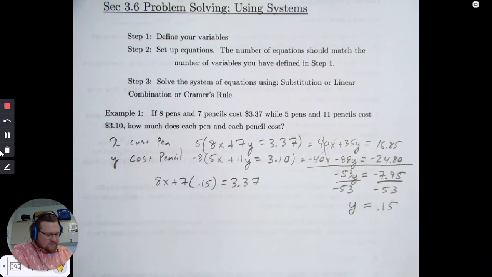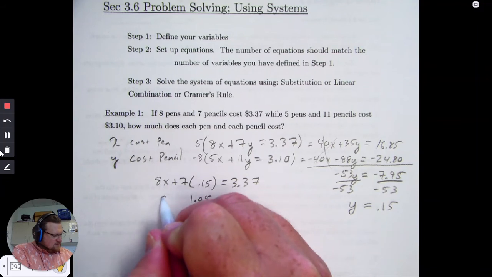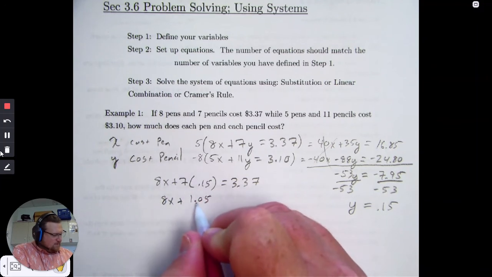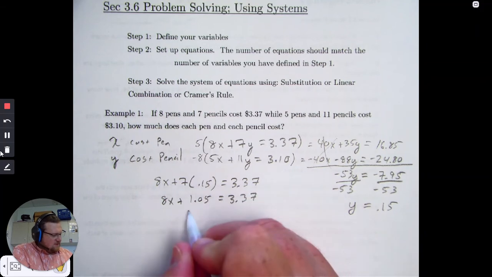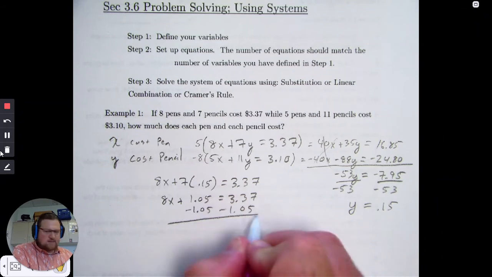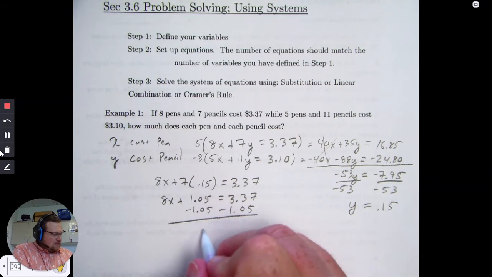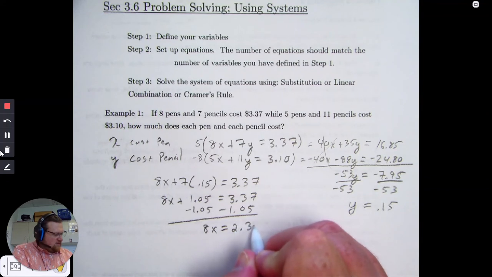Now 7 times 0.15 gives me $1.05. So 8x plus 1.05 has to equal 3.37. I can now subtract $1.05 from both sides, and that gives me that 8x has to equal $2.32.